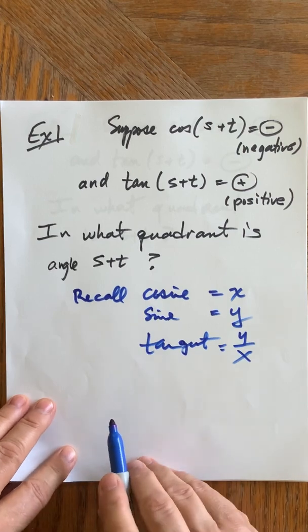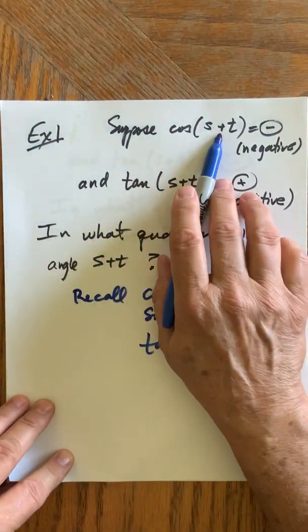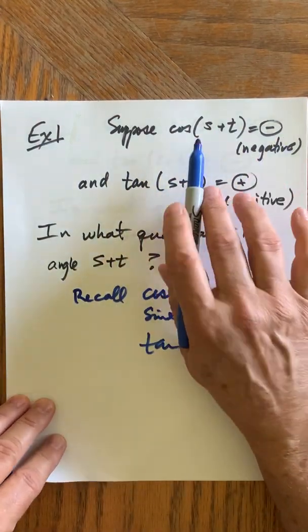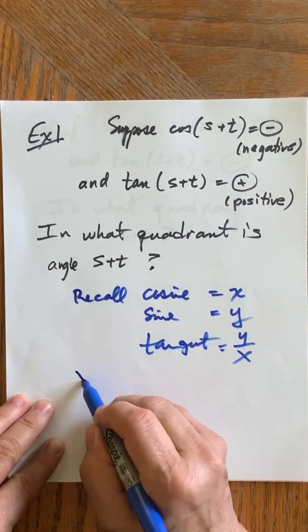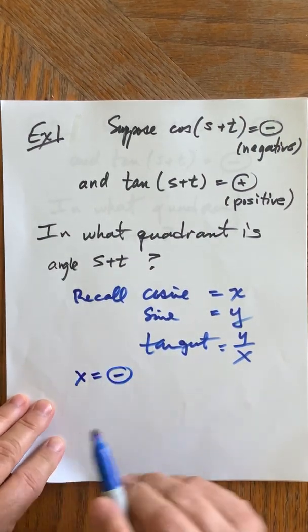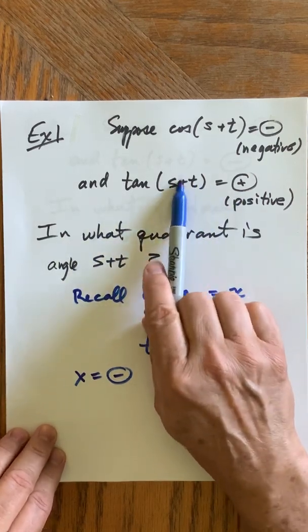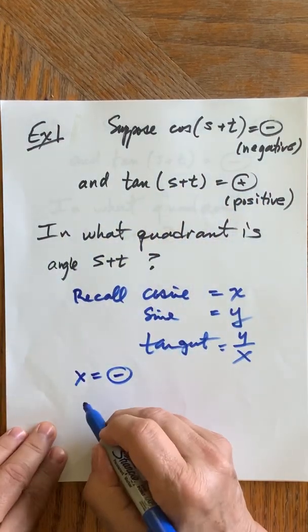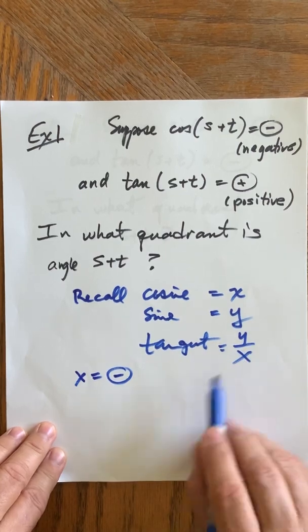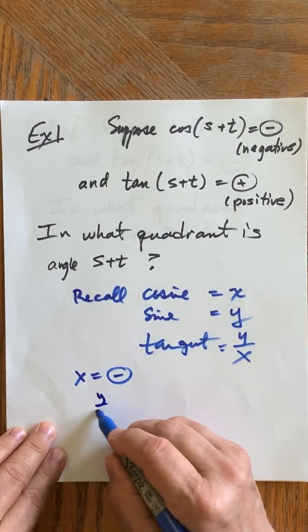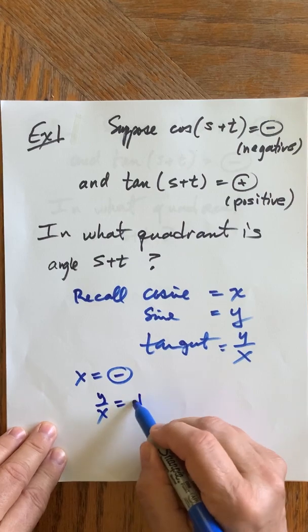So if they're telling me the cosine of the sum of two angles is negative, they're really telling me that x is negative. And they're telling me the tangent of the same sum is positive, so I know that y over x is positive.